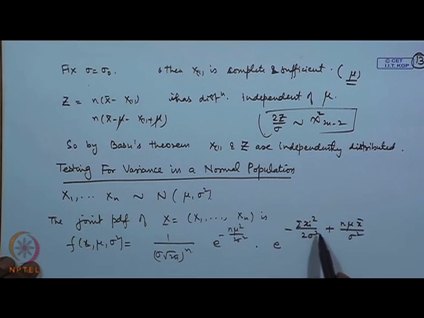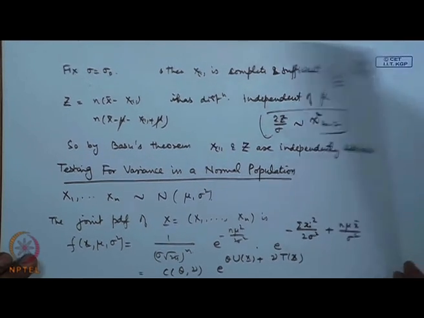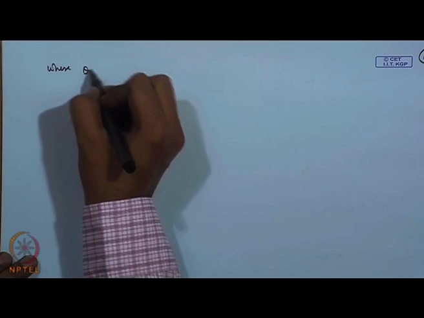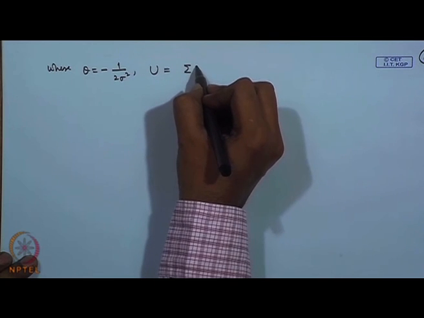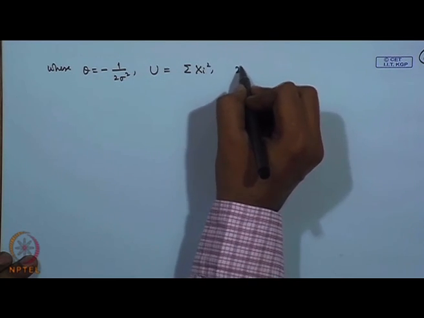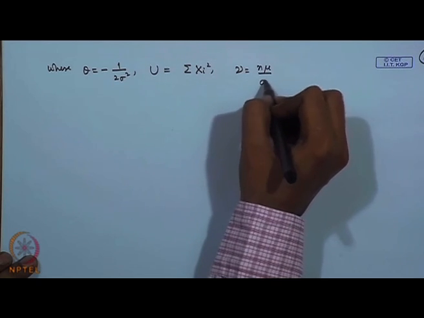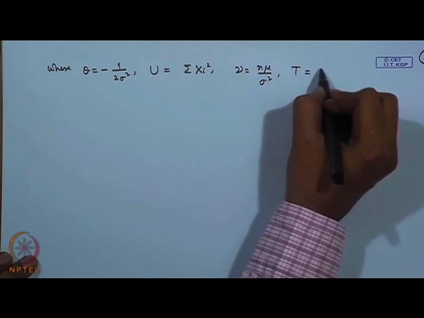Here I am considering testing for sigma square. So, I will consider this part as c(theta, nu) e to the power theta u(x) plus nu t(x). I have defined theta equal to minus 1 by 2 sigma square, u equal to sigma x_i square, nu equal to n mu by sigma square, and t equal to x bar.